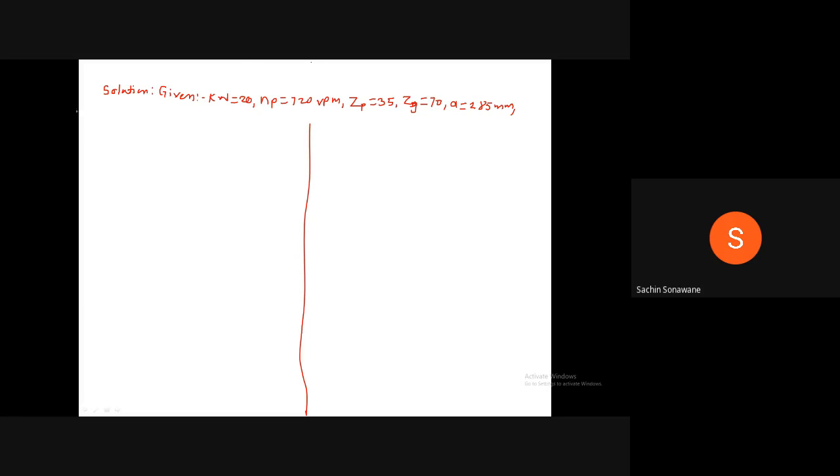Face width B 50 mm. Alpha N, normal pressure angle, 20 degree. SUT is equal to 600 Newton per mm square.